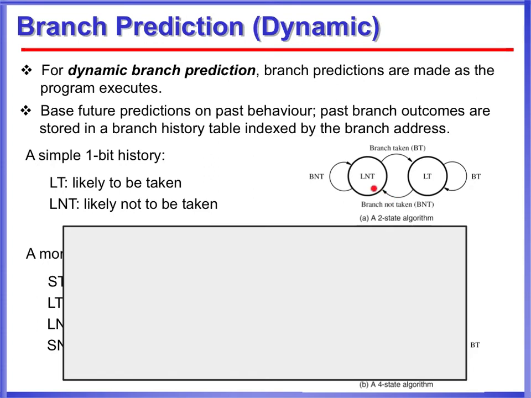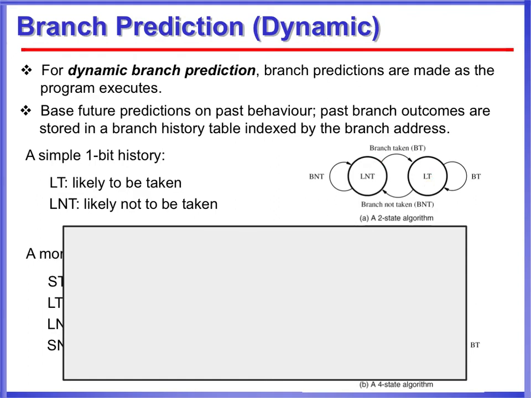That branch not taken moves us to this other state, which is now predict likely not taken. Which means the next time we hit that branch, we're going to predict likely not taken. If we're correct, and the branch is actually not taken, then we stay in that state. As long as we're correct in our prediction, we stay in that state. At some point we're wrong, and that moves us to the other state, so that the next time we predict the other way.